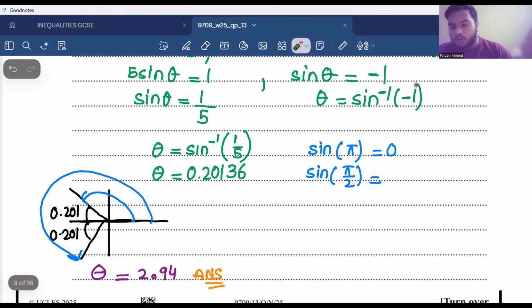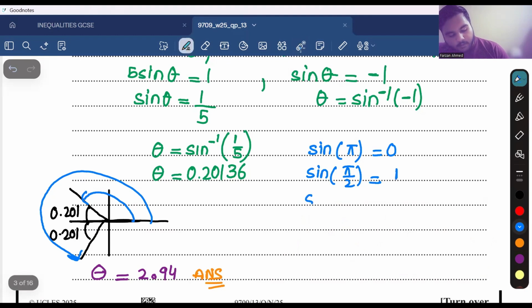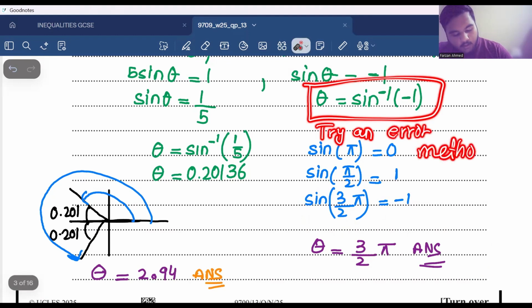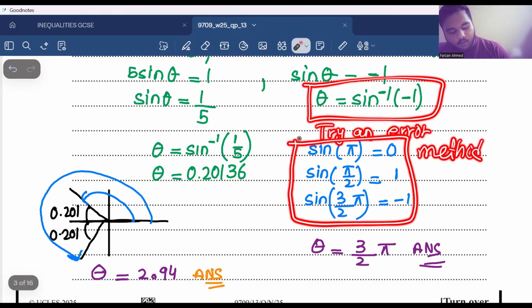Sine pi upon 2 is equal to 1. And if we put sine 3 pi upon 2, this is equal to minus 1. So what is the answer for theta? The theta will be 3 pi upon 2. For these types of questions, we do it with the trial and error method. This is called the trial and error method. Okay, so thank you very much.